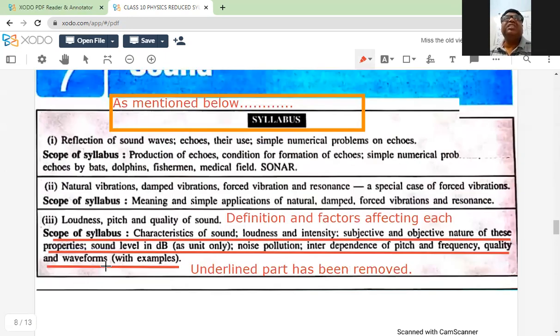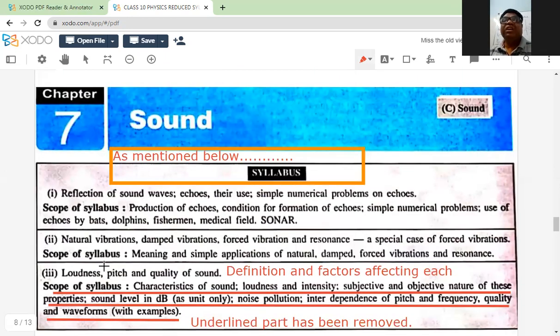In chapter 7, sound. In sound, you can see here in the third part, loudness, pitch, and quality of sound. What you have to study in these three are their definitions and the factors on which these depend. It's clear?